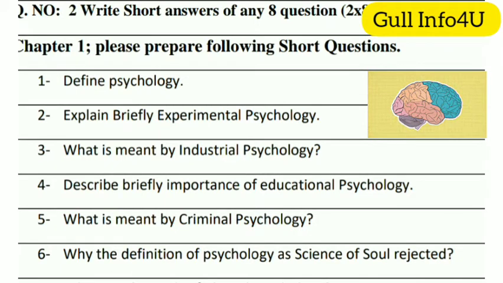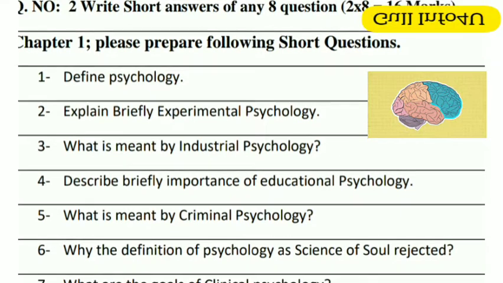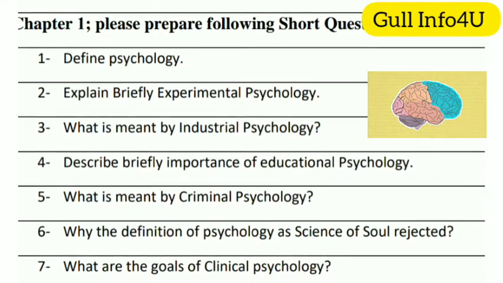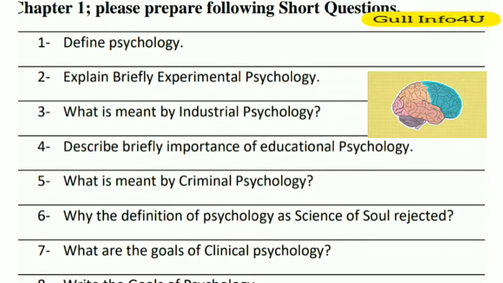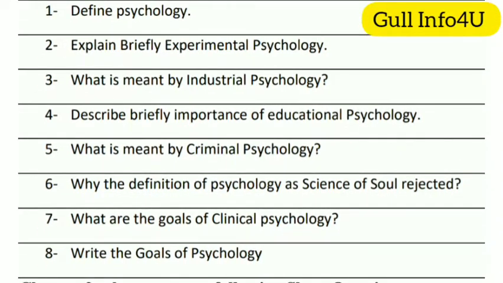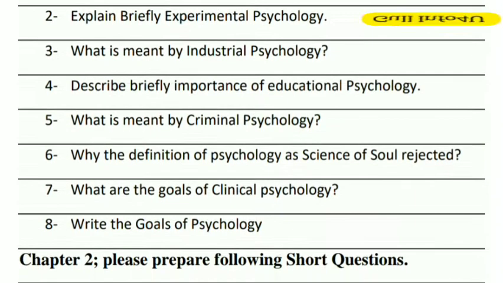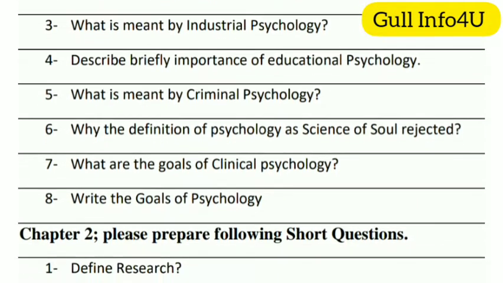Write short answers of any 8 questions for the 16 marks, and they will come chapter-wise. Question 1, define psychology. Question 2, explain briefly experimental psychology. 3, what is meant by industrial psychology? Number 4, describe briefly the importance of educational psychology.